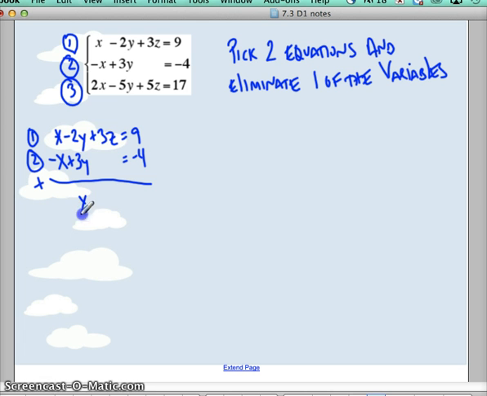I have 1y, 3z plus 0, I'd have 3z, and then 9 plus negative 4, I'd get a 5. Okay, as of right now, I can't do anything with that because I still have two variables. So what I want to do next is pick two different equations and eliminate the same variable.